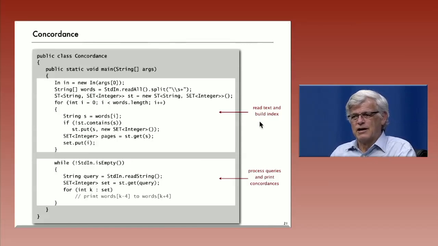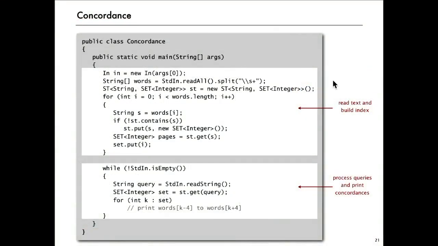This is a concordance client that does the job. Now what we want to do is read text, and build an index for each word. This is a Java construct for reading all the strings on standard input, splitting them by blank space and putting them into an array.